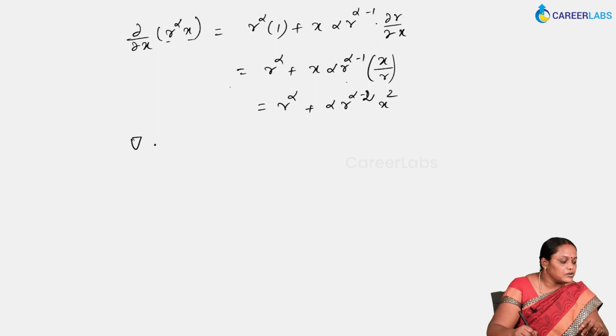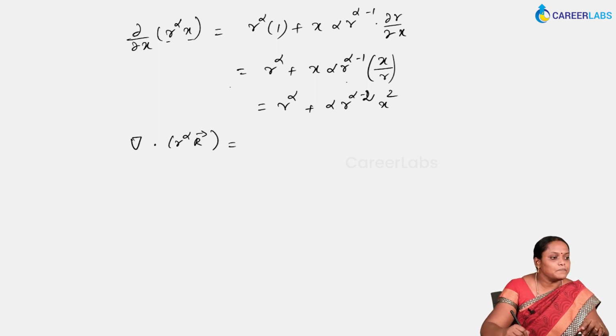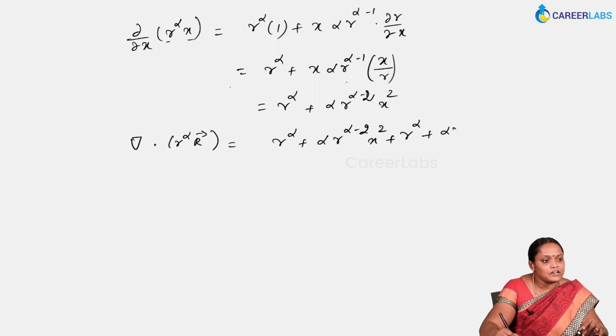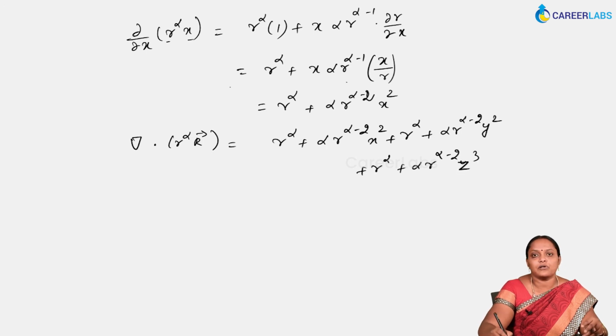Therefore, del dot of r to the power alpha into r vector will be equivalent to r power alpha plus alpha r to the power alpha minus 2 into x square, plus r to the power alpha plus alpha r to the power alpha minus 2 into y square, plus r to the power alpha plus alpha r to the power alpha minus 2 into z square. So this is for all the three terms.